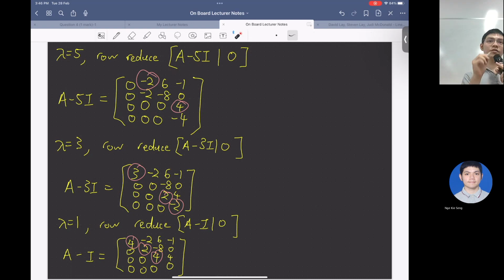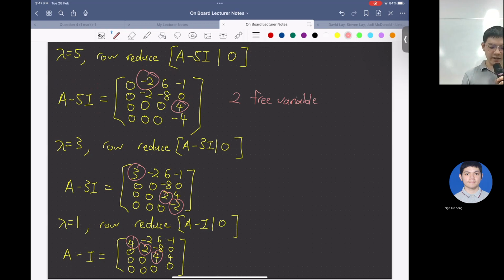But one thing to note here, from this row reduced form, you can see that A minus 5I has 2 pivot columns, meaning you have 2 free variables.